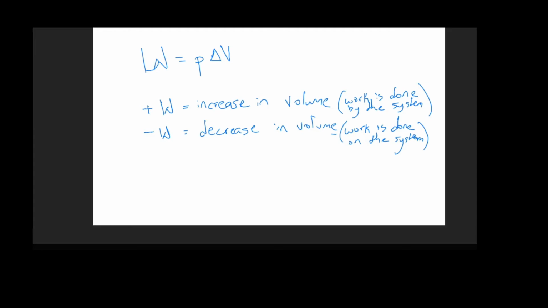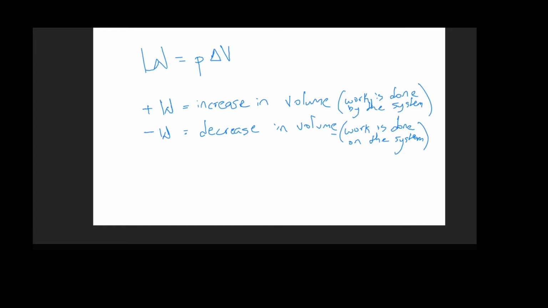Oh, sorry about that, Barnes. That example was not a good one for that case. I was just using that one for the change in the volume aspect, but not for the work done on or by the system.